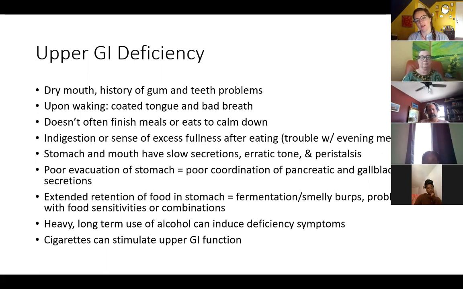Heavy long-term alcohol use can induce deficiency symptoms of the upper GI. I think it can induce deficiency symptoms of all sorts of things. But cigarettes can stimulate upper GI function. So what a lot of smokers do, people with upper GI deficiencies, can instinctively pick up smoking and forget that their upper GI is weak until they quit smoking.